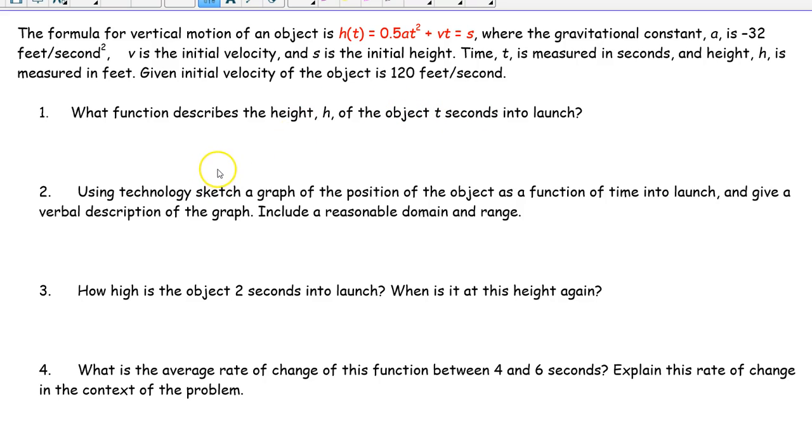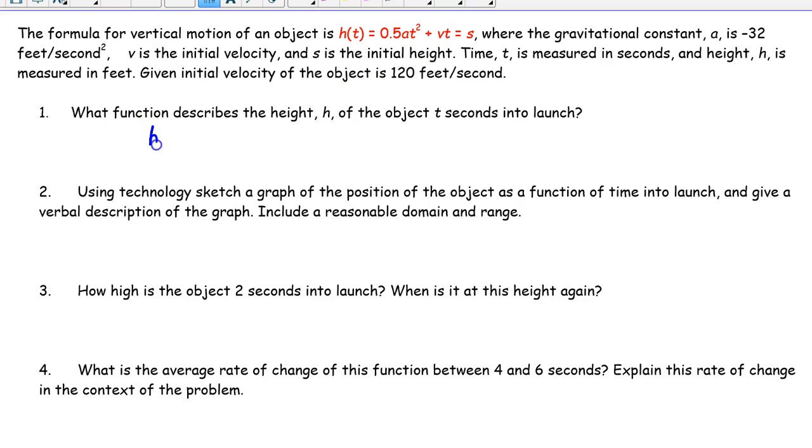Okay, so the given values are what? We have a is equal to negative 32 feet per second square and v is 120. Let us substitute those values in this function h of t.